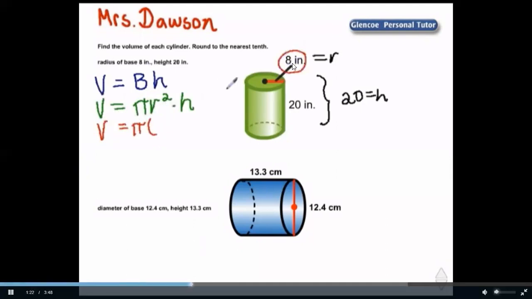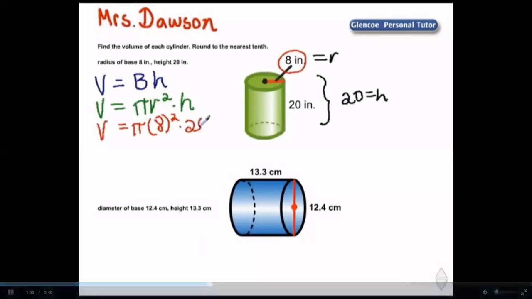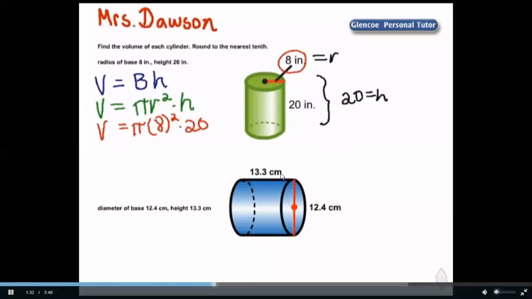The radius is 8. Don't forget to square that. And the height is 20. So she'll do some simple multiplication here. Pi is 3.14. 8 squared is 64.